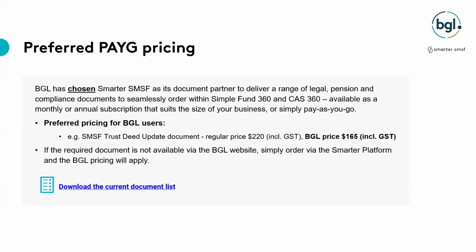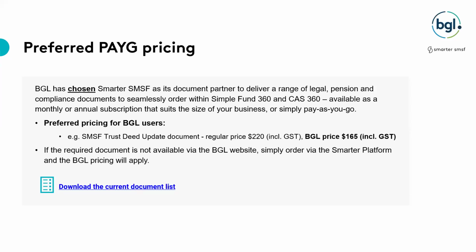As part of the solution with BGL, one of the things we have done is provide a preferred level of PAYG pricing. What you see on the Smarter SMSF site when you look at the PAYG pricing list is not necessarily what you'll see for certain documents via Simple Fund 360.